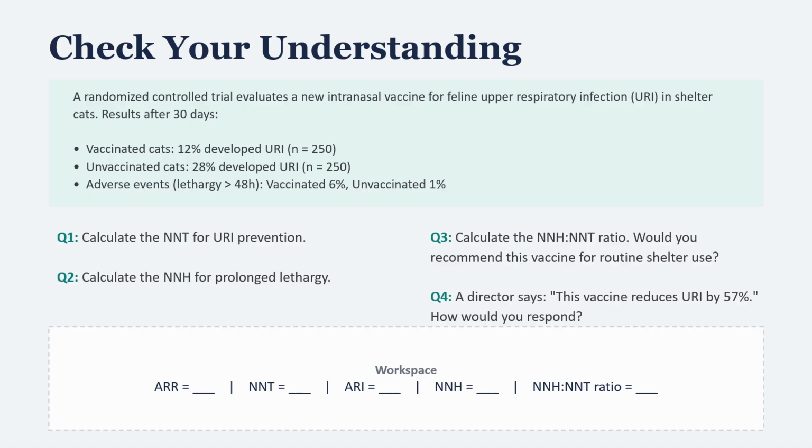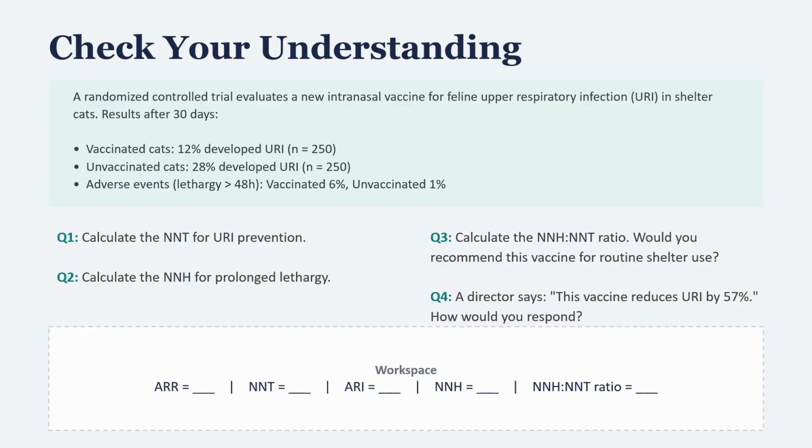That's accurate. But relative risk reduction alone overstates the practical impact because it doesn't communicate the baseline risk or the absolute benefit. A more complete and actionable response to the director is, you're right that it reduces URI risk by 57% relatively. In absolute terms, that means 16 fewer URI cases per 100 cats vaccinated.